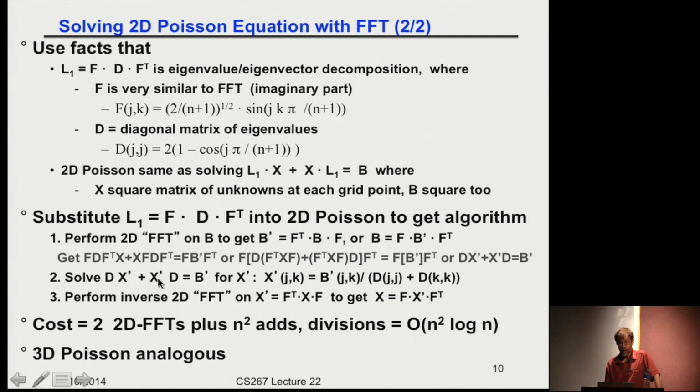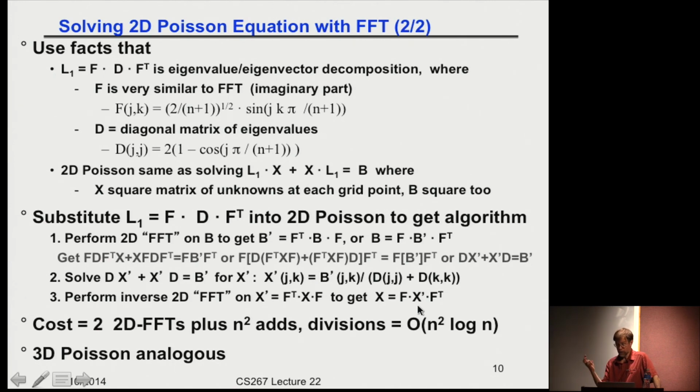So all I have to do now is to solve a diagonal system of equations with n squared unknowns. That's cheap anyway, so there it is. I can get each entry of X prime by taking each entry of B prime and dividing it by the sum of 2 of these eigenvalues. So that gives me all the entries of X prime. And to go backwards, I just have to do the 2D FFT again to go from X prime to X.